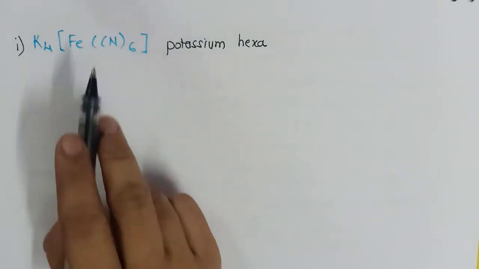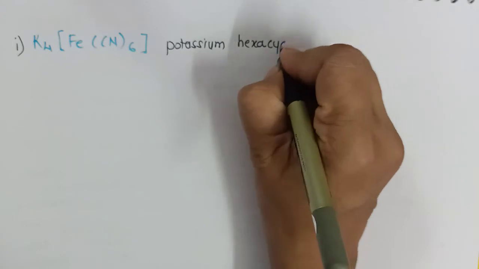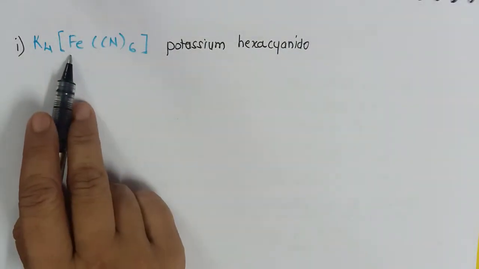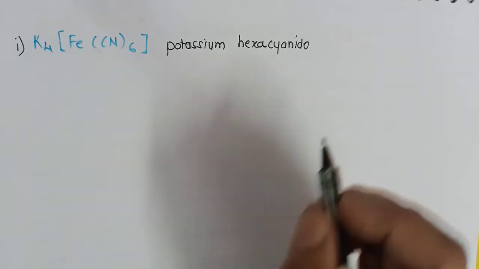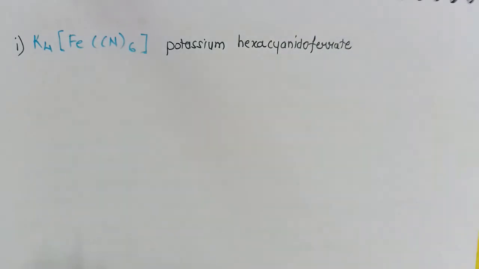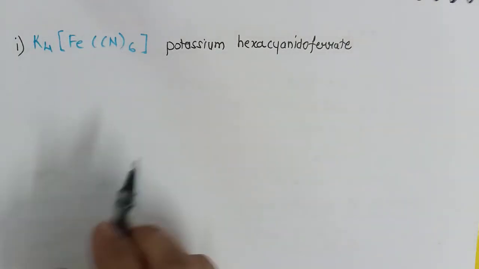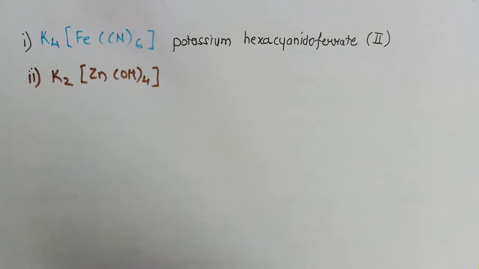Cyanide is a negatively charged ligand, so its name will end with O. So cyanido. Cyano is also allowed. And now the central metal atom. Since the central metal atom is attached to a negatively charged ligand, its name will end with ATE, ferrate. And then we'll calculate the oxidation state of iron. In this complex, iron is in the 2 oxidation state, so we will write it in Roman numerals.